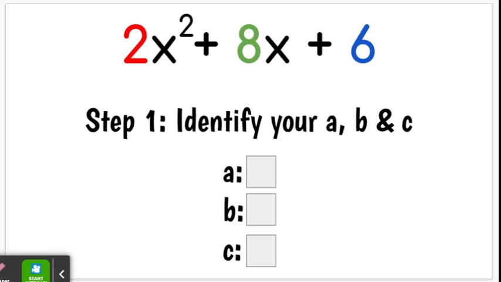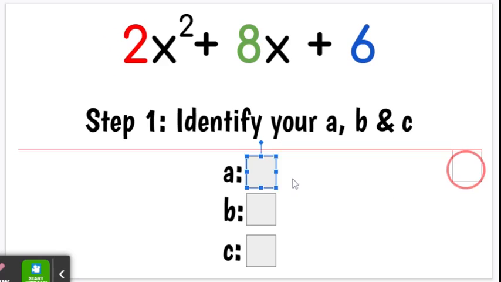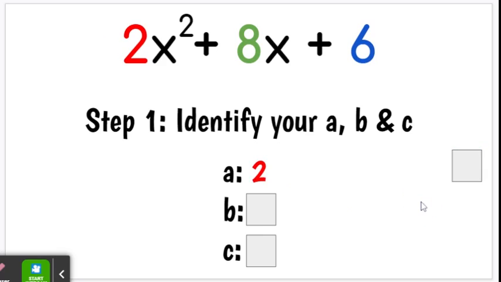The first thing that you need to do in order to do that, step one essentially, is to identify what A, B, and C are. We talked earlier about standard form, that it's ax squared plus bx plus c, and they are color coordinated for you. Your A is your first number here, your first coefficient in front of the x squared, which is going to be 2.